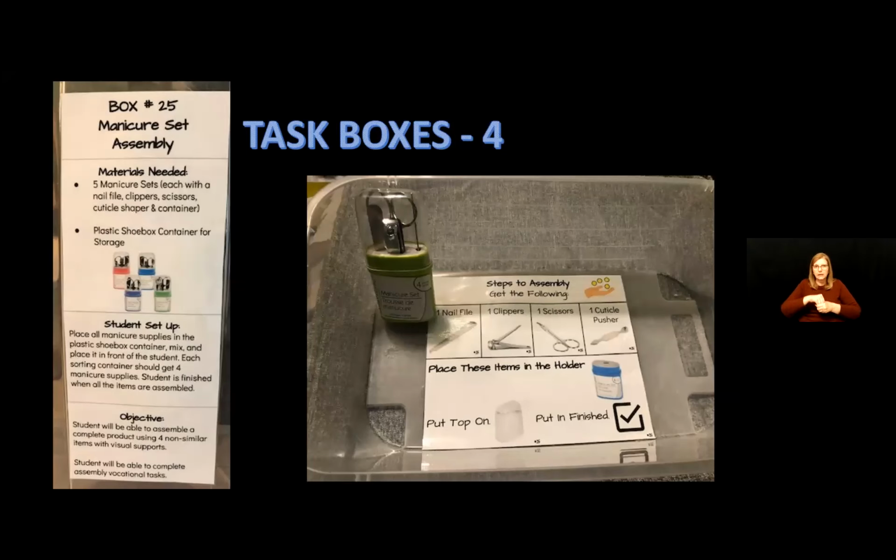I adhere that to the inside of the lid so that I can just simply take the top off and know what all I need, what all is there. And I really like it because it also shows objectives that this task box will be trying to meet.